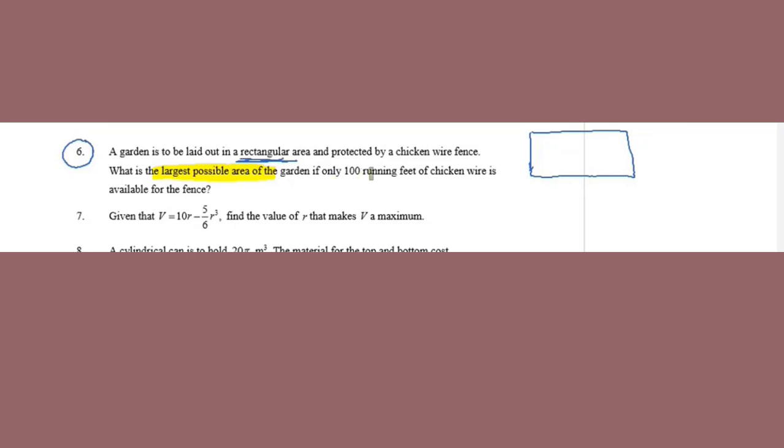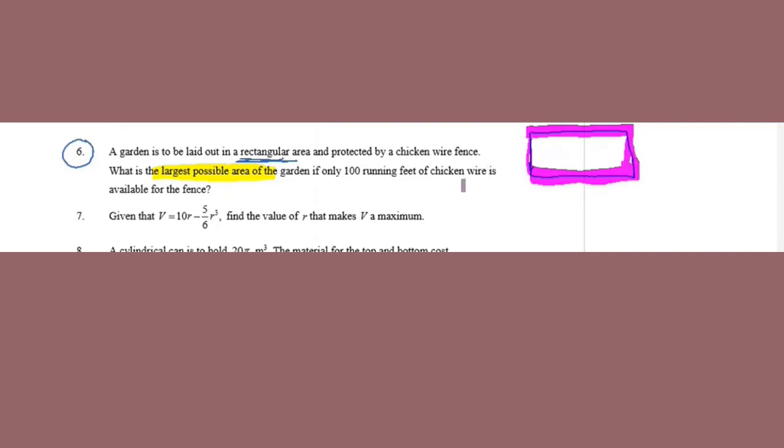If only 100 feet of chicken wire is available for the fence, it means the total wire is only 100 in length, and we want to make the fence surrounding the rectangular garden. So this is the pattern of the garden, rectangular. We want to build the fence surrounding the rectangular garden.